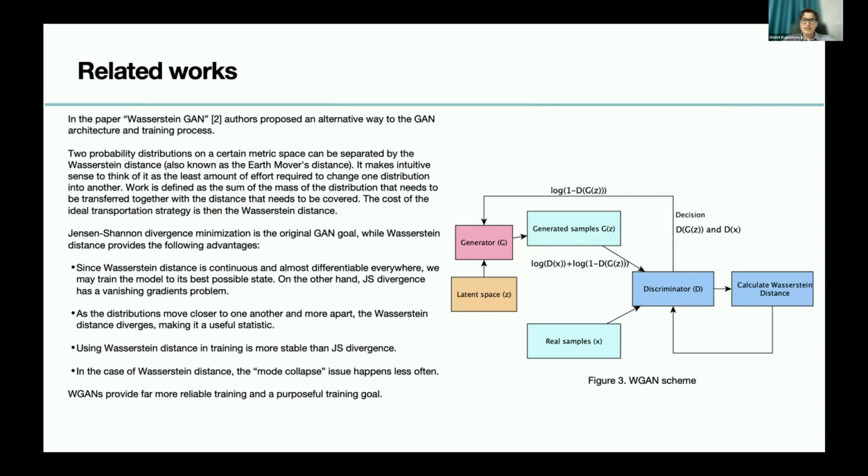Because the distance is continuous and differentiable, we can fit the model to its best state. And also, using the Wasserstein distance, we minimize the vanishing gradients problem, which usually exists in GAN networks, especially when we use a really big learning rate. It always happens, so we need to minimize this.